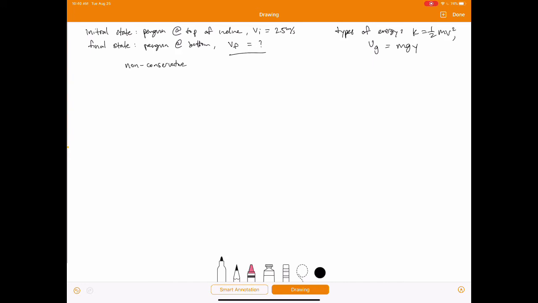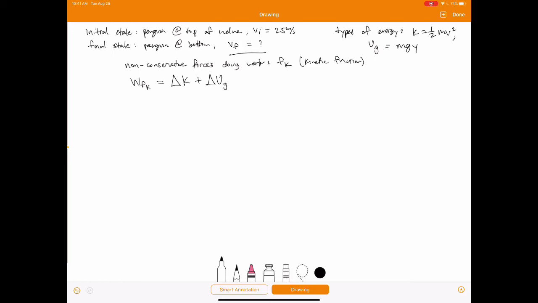Non-conservative forces doing work, that would be kinetic friction. Okay, so our equation, therefore, is the work done by non-conservative forces, which is friction.